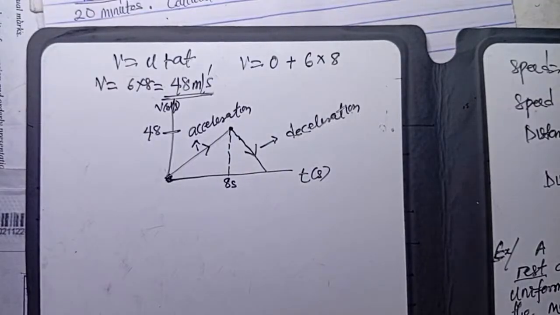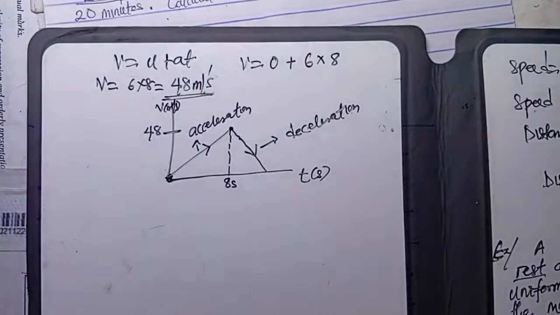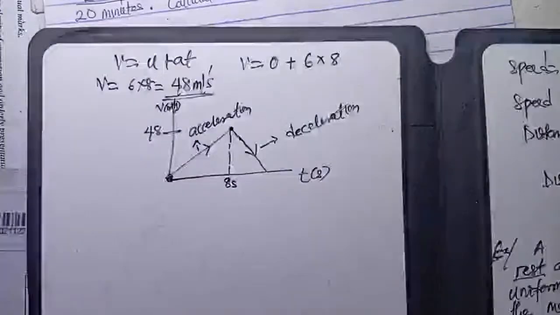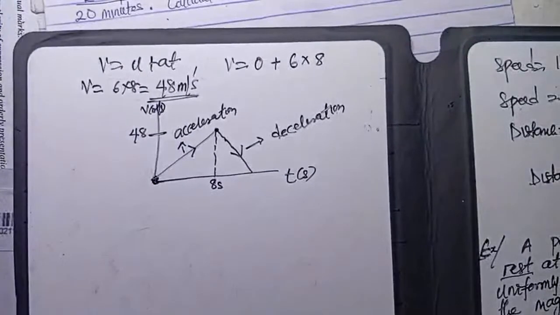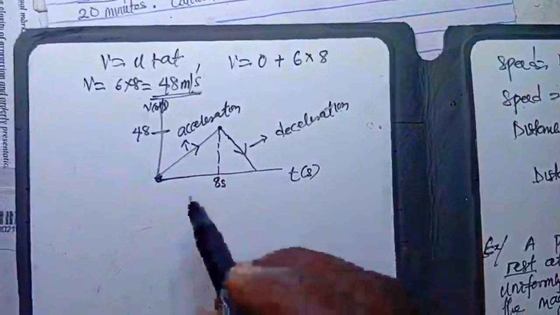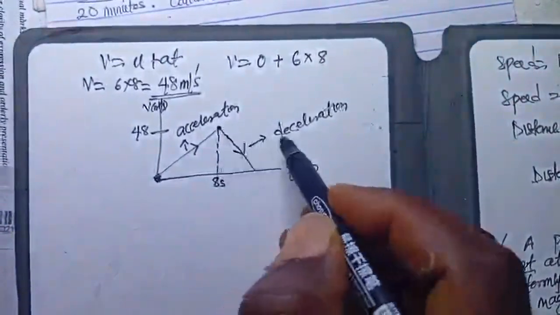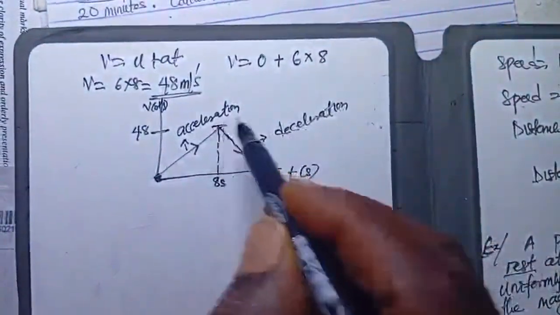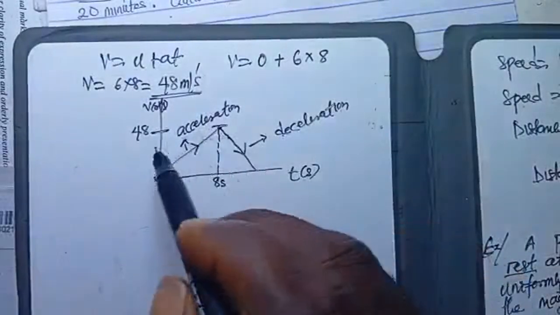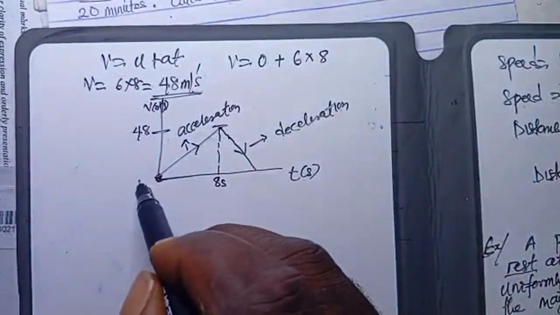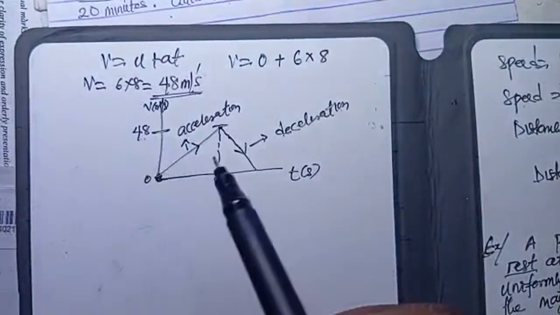That is the two analogy. When it is moving down, it is deceleration. When it is moving up, it is acceleration. This is 0 before, this is 48.